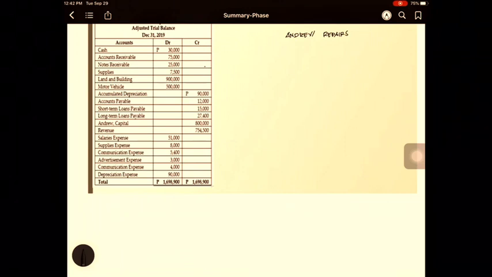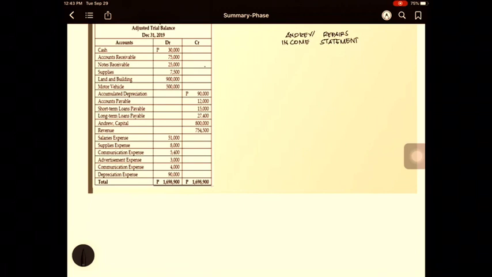Next line is, what type of financial report are we preparing? We are preparing an income statement. Take note that the accounts you see in the income statement are all called temporary or nominal accounts.